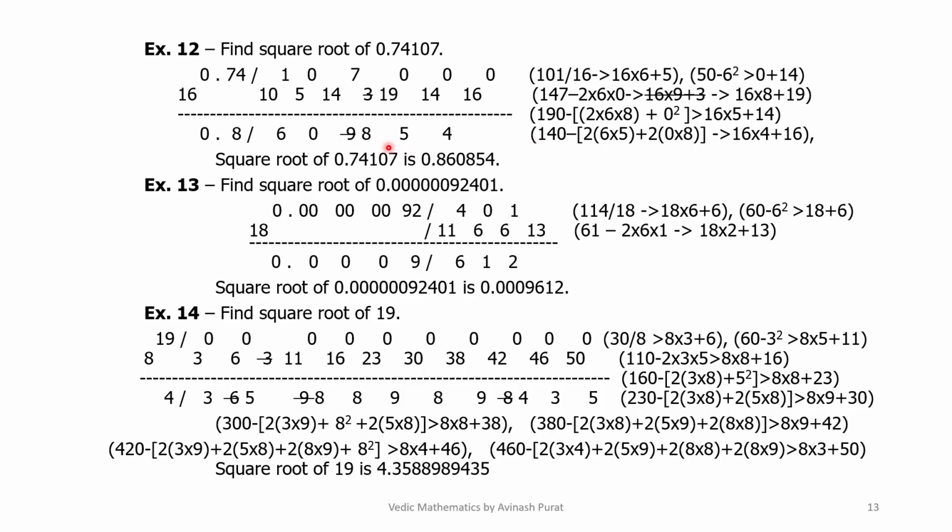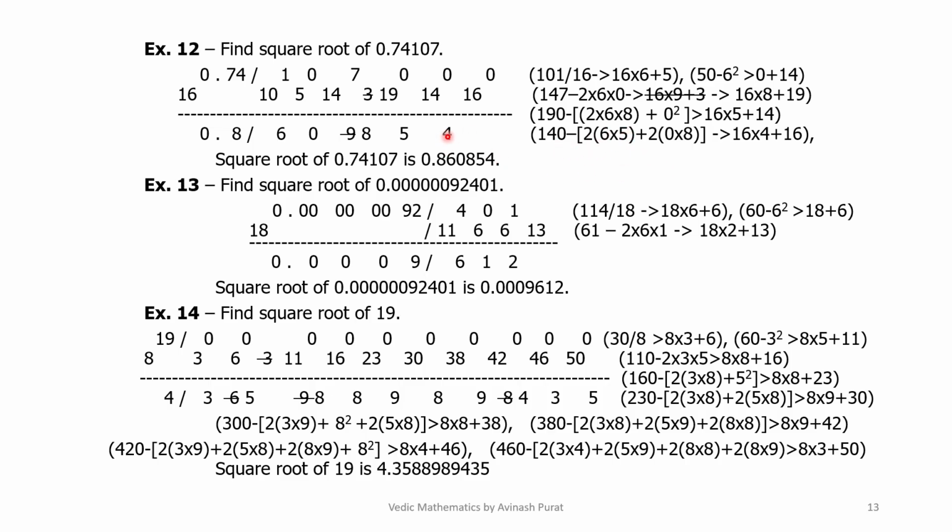So the next quotient is 5 and 14 is the remainder. So 140 is the next dividend, minus 2 into 6 into 5 plus 2 into 0 into 8, that is 60. So 140 minus 60 is 80.